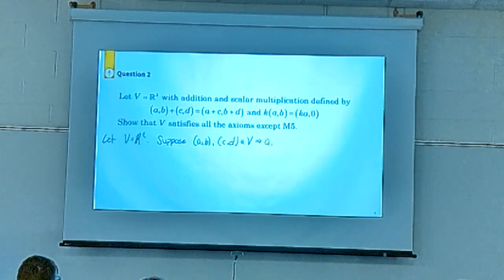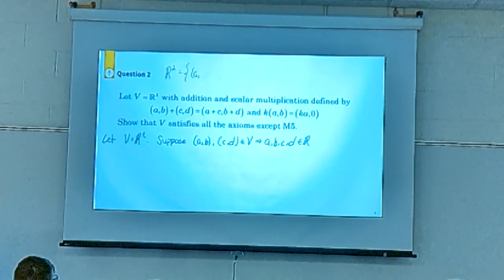This means that all of A, B, C, and D are real numbers by definition of R2. So this is the definition of R2, the set of all ordered real pairs.